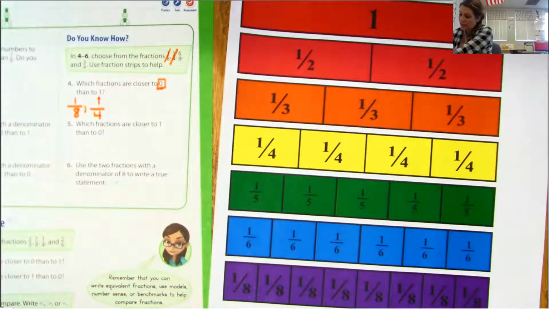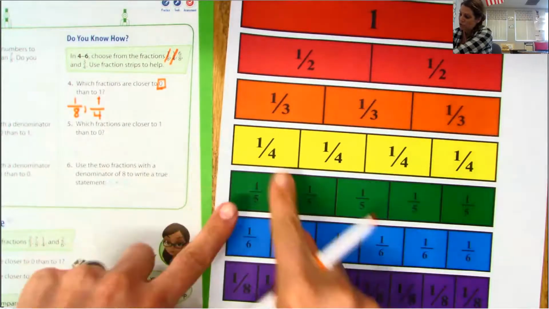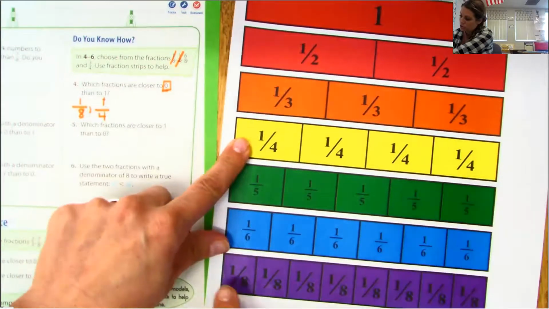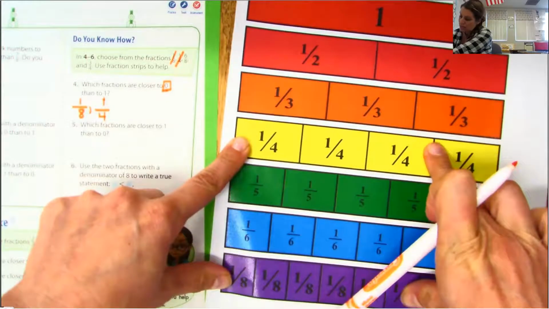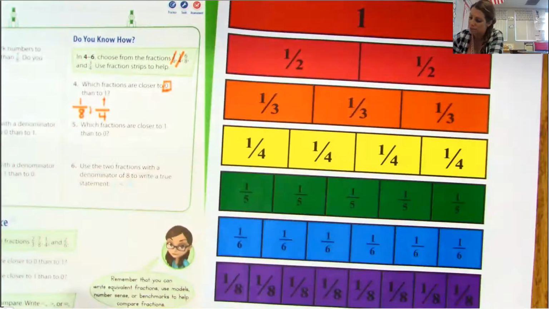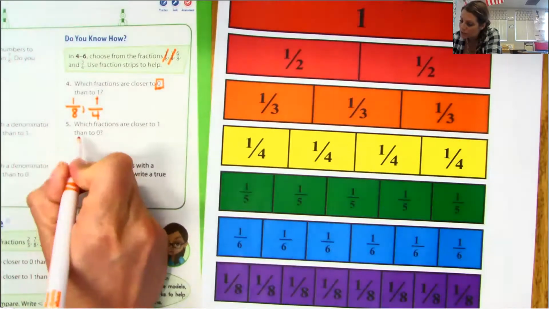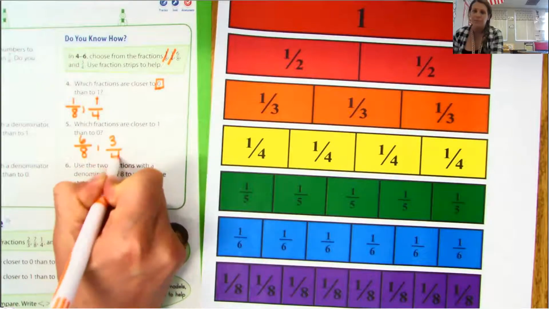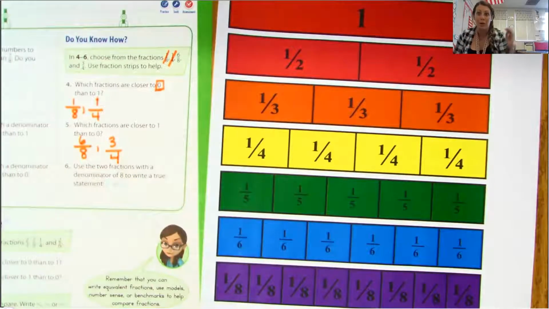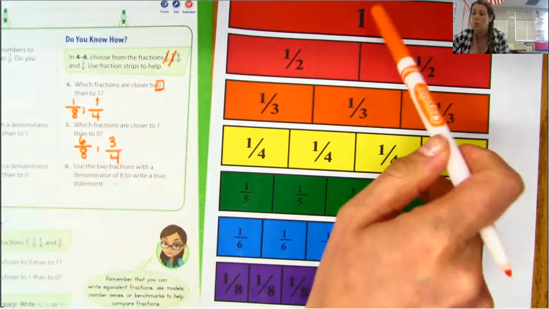Did you notice that? Look, 1, 2, 3 fourths and 1, 2, 3, 4, 5, 6 eighths. They're the same size. They're equivalent fractions, okay? So 6/8 and 3/4, those ones are bigger. They're closer to 1 whole.